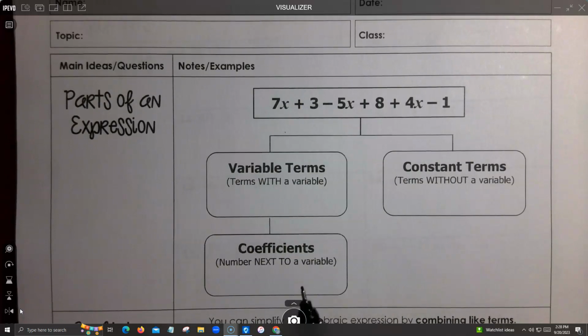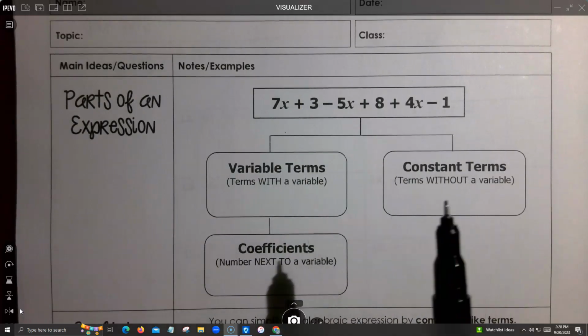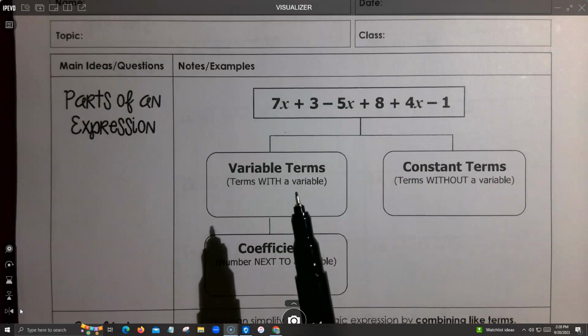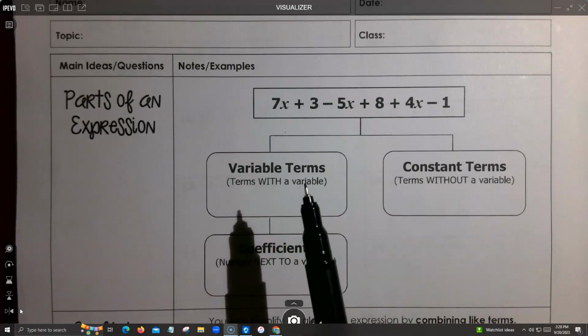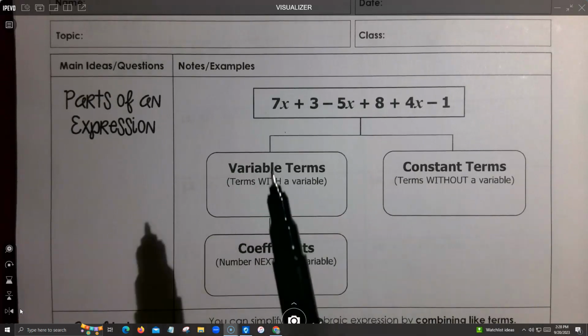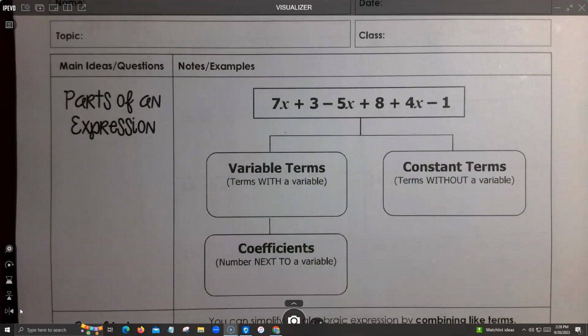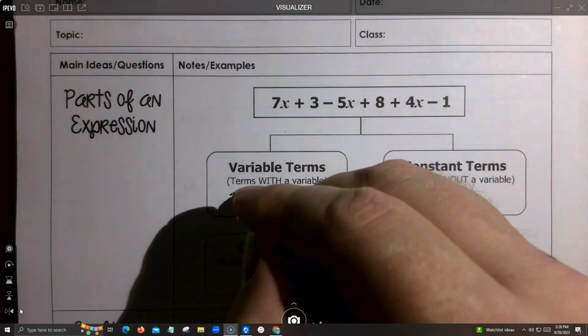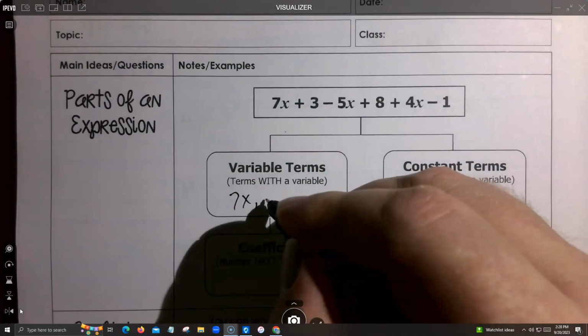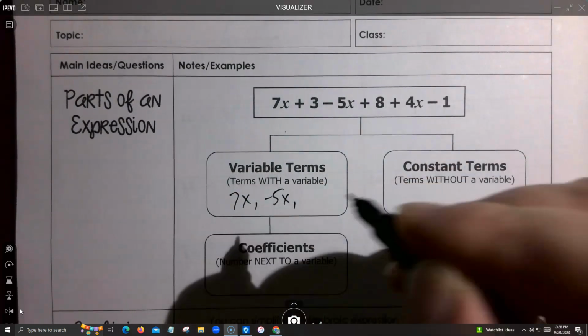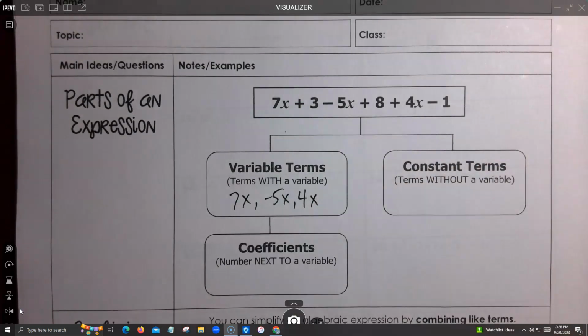So what do I mean by alike? Well, there are two different kinds of terms: variable terms and constant terms. Variable terms are exactly what these pieces are with the letters attached to them. So in this case, 7x, negative 5x, and 4x are all variable terms because they have the letters attached.